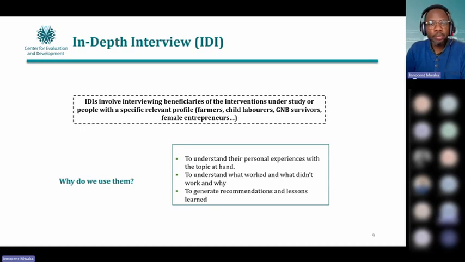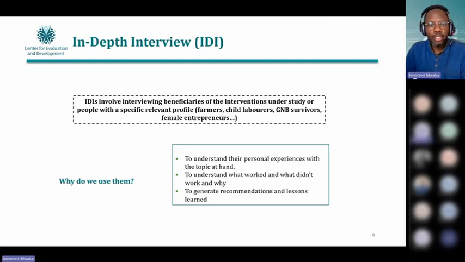So let's say we have farmers or child laborers or different community leaders on the ground. So we would design some sort of in-depth questionnaire that can elicit certain in-depth information that we want to get from them.